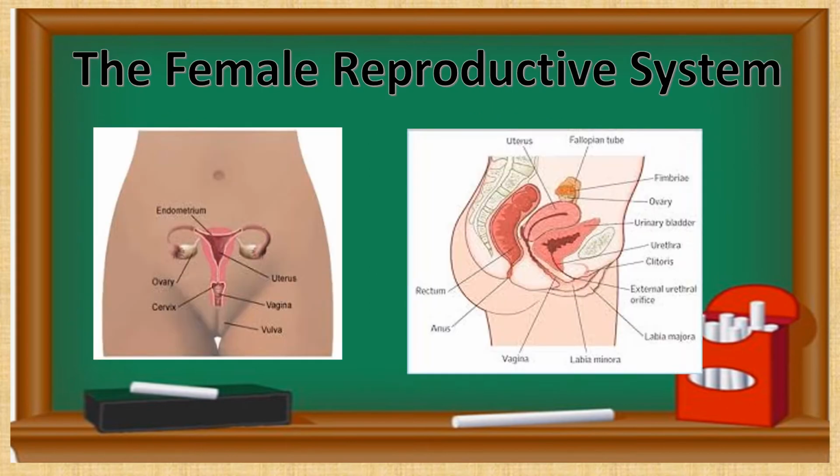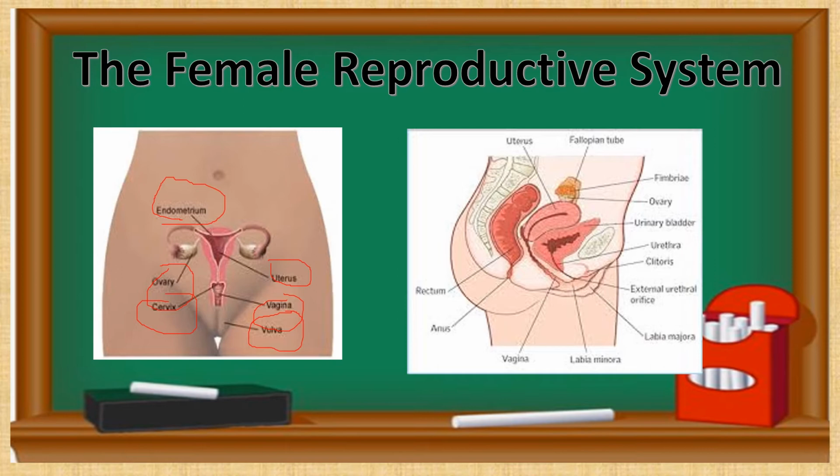Okay, so let us go to your female reproductive system, which is our topic today. So these are composed of your endometrium, your ovary, your cervix, okay, your uterus, the vagina, and the vulva.